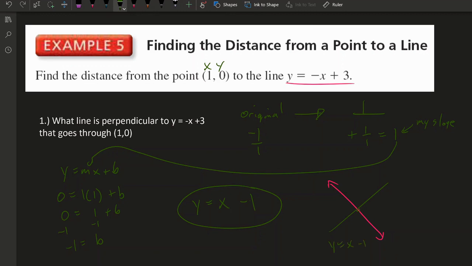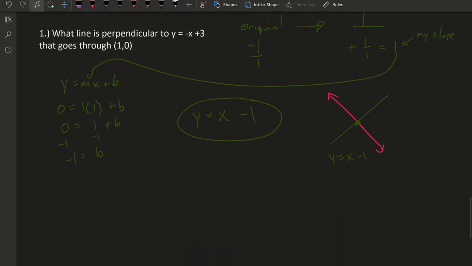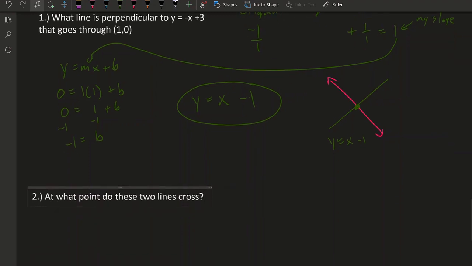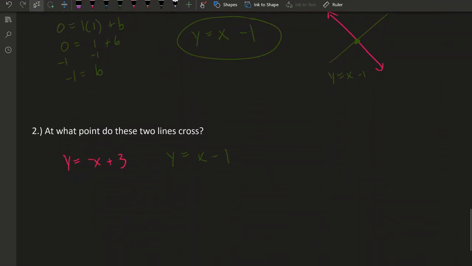The next question I have to ask is, where do they cross? Step 2: at what point do these two lines cross? Basically I've got this pink line, y equals negative x plus 3, and this green line, y equals x minus 1. Let me just confirm real quick that I've got the right one. Yep, that's true.